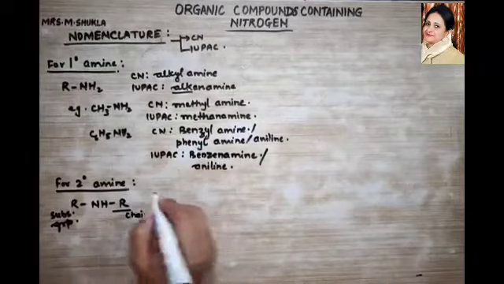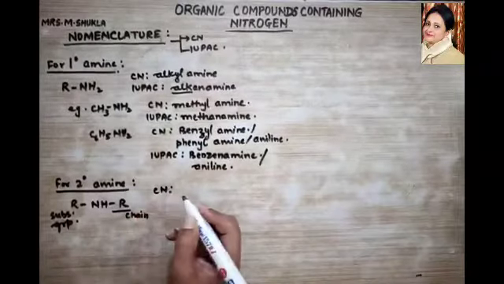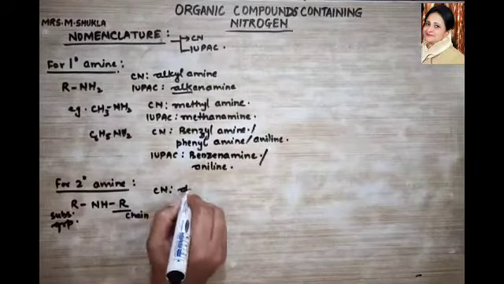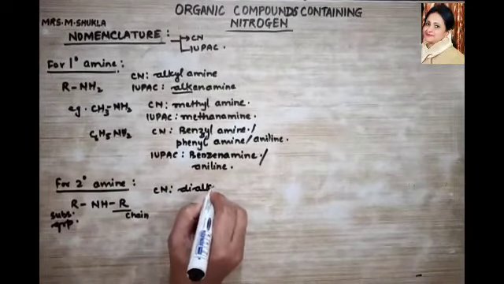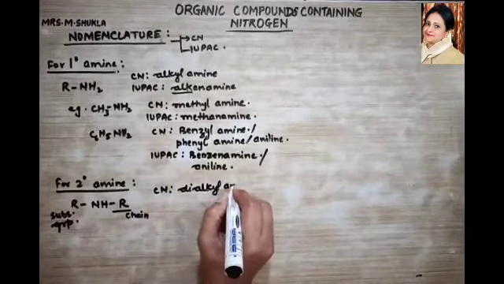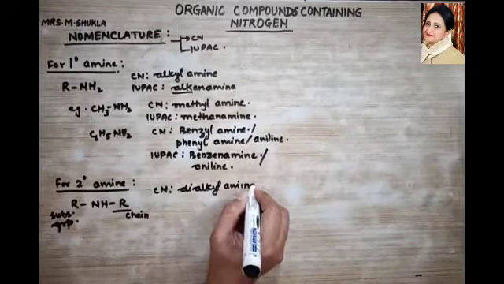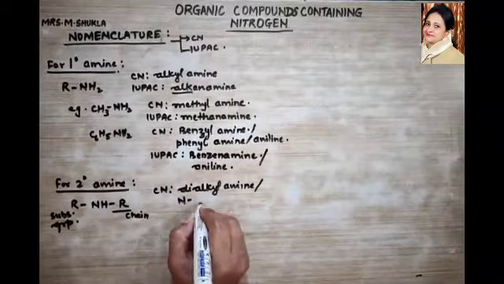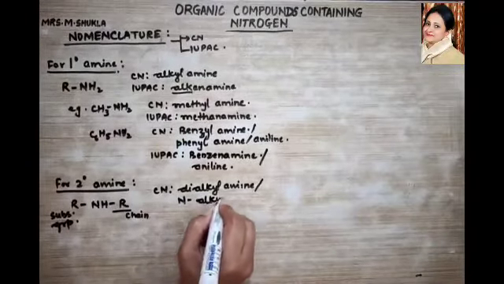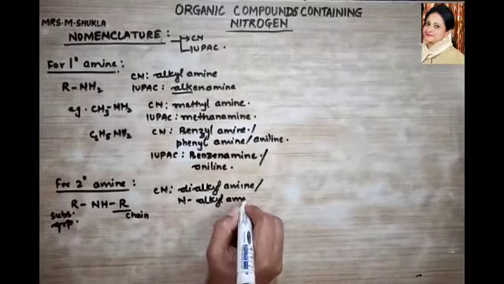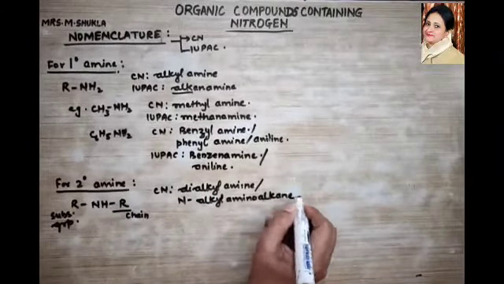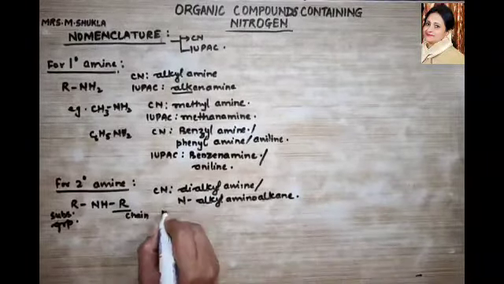Clear? Now, what will be the common name? Because two alkyl groups are used, we use the word dialkyl amine. We can also call it N-alkyl aminoalkane, right?